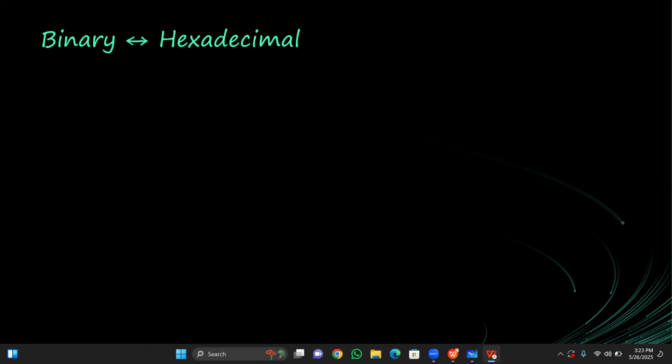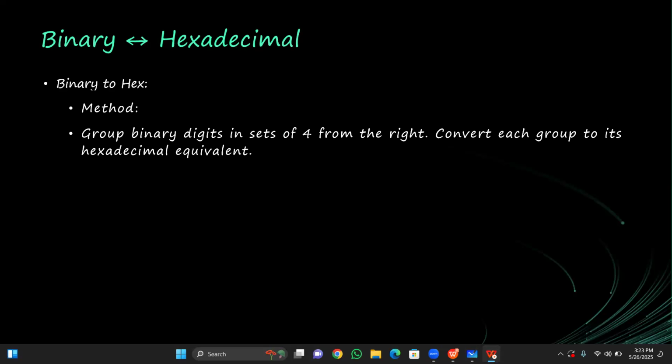Okay, so the same thing with binary to hexadecimal. Now, instead of grouping them in 3 bits, you group them in 4 bits. When you want to convert from binary to octal, you group the binary digits in 3s. But if you want to convert from binary to hexadecimal, you group them in 4 bits.